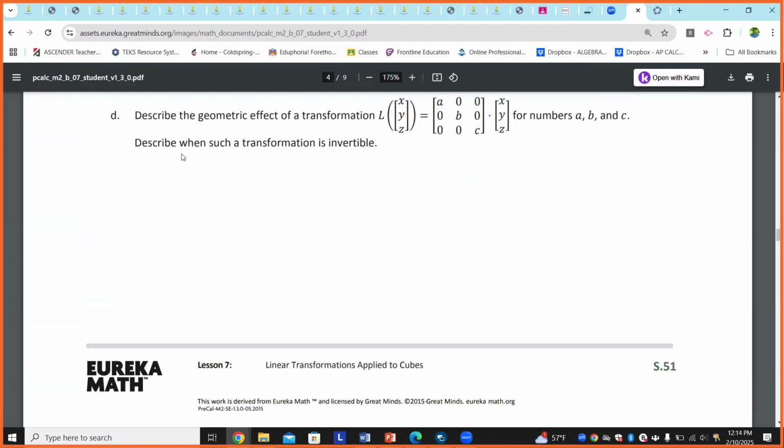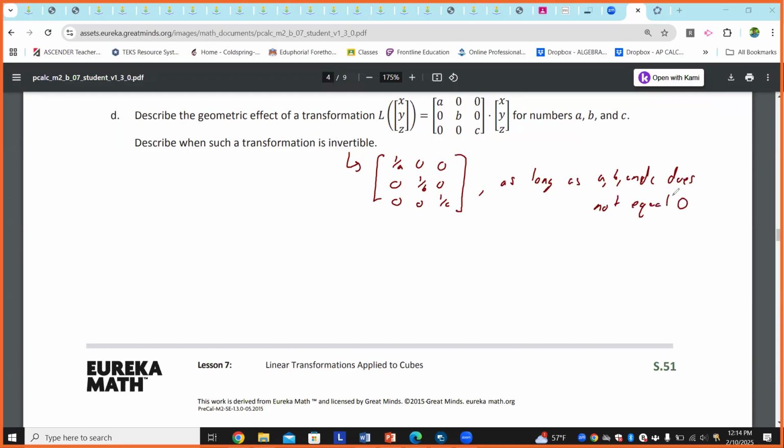Basically, what it's stating is if you need an invertible situation, this would be 1 over A, 0, 0, 0, 1 over B, 0, 0, 0, 1 over C, as long as A, B, and C do not equal 0.